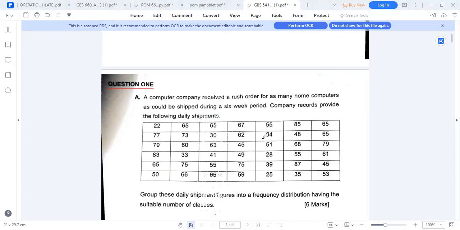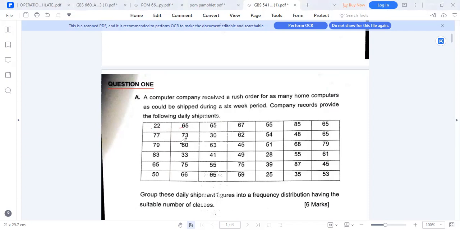Then we have the number of parameters here. So in a nutshell, we are talking about the sample size in this given question. The sample size is 42.